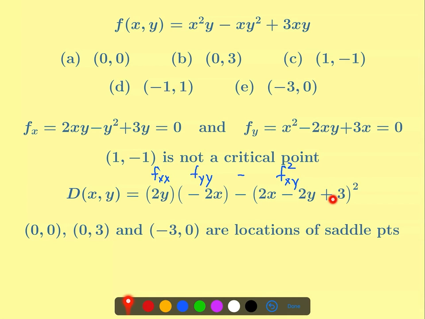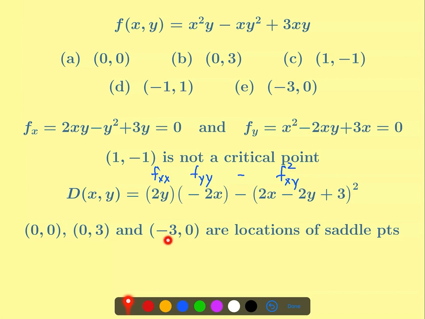We need to make sure this isn't 0, but it's not. When I plug in 0, 0, I'm going to get just 3 here squared, and that's going to make this a minus 9. When I plug in 0, 3, this will be 0, but we'll have a minus 6 plus 3, which will make this minus 3 squared. So this will also be minus 9.